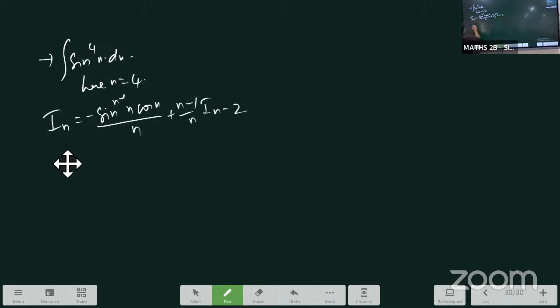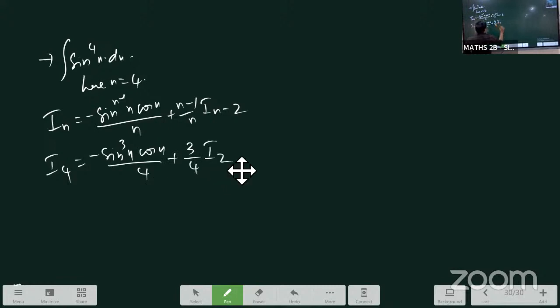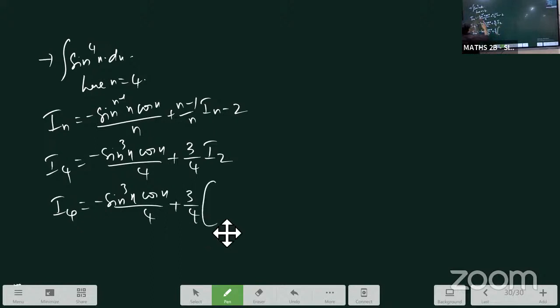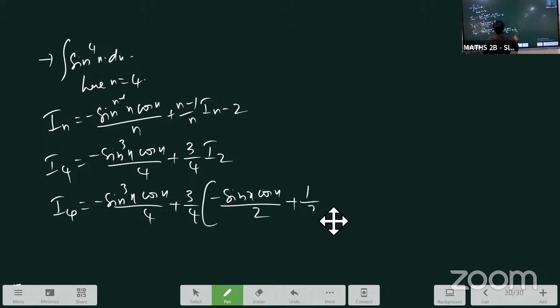So here I start with I4: minus sin cube x cos x by 4 plus 3 by 4 I2. Then I4 is equal to minus sin cube x cos x by 4 plus 3 by 4. Again, what is I2? Same. Minus sin to the power 2 minus 1 x cos x by 2 plus 1 by 2.